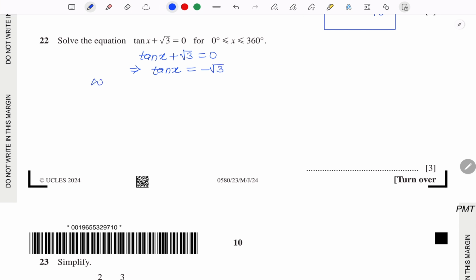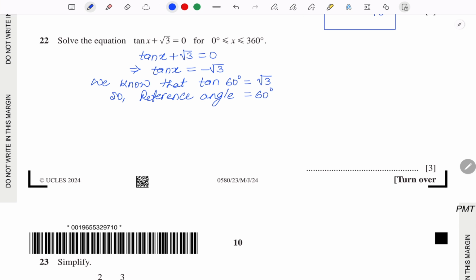We know that tan 60 degrees is root 3. So our reference angle for this question is 60 degrees.